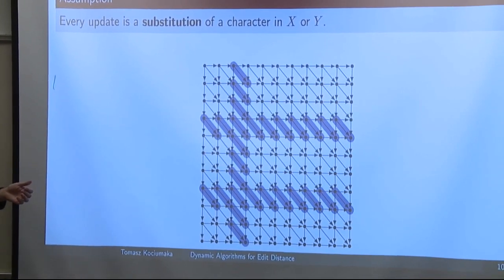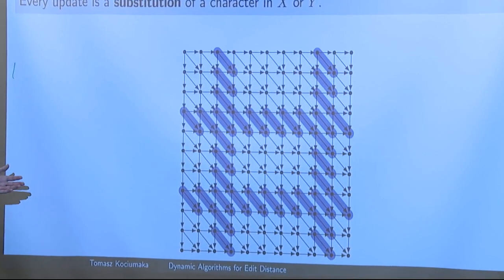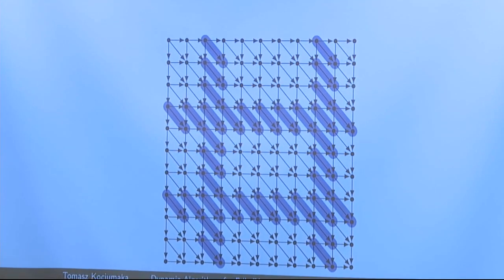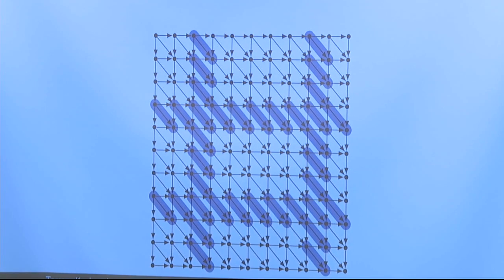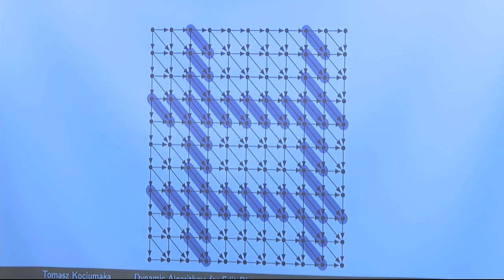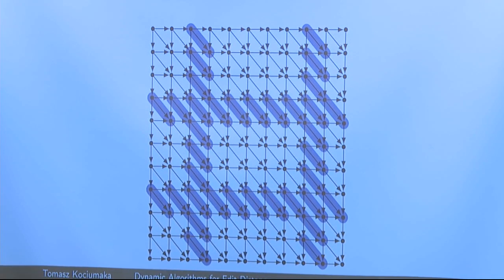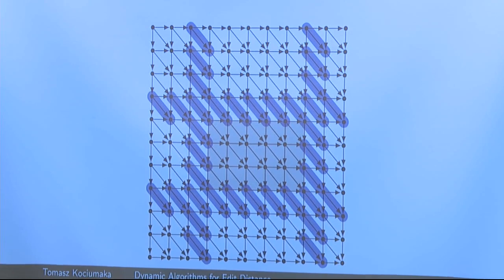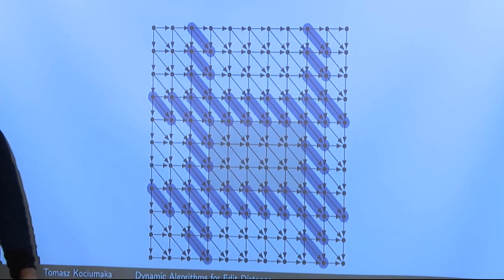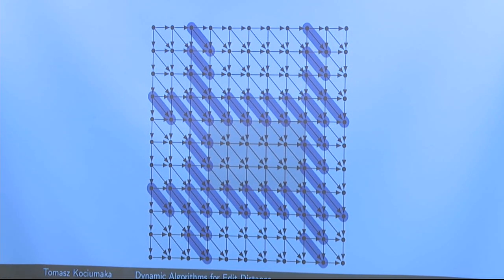And now, as we make more and more substitutions, we would like to understand what information we need about the parts that have not changed. This would give us an insight into what kind of information we should store and maintain as the strings change over time. So let's focus on this particular region, which hasn't been affected by any of the updates.